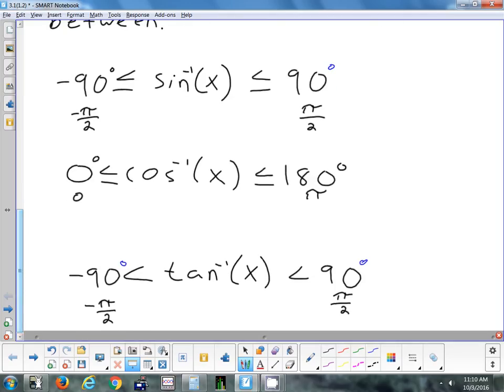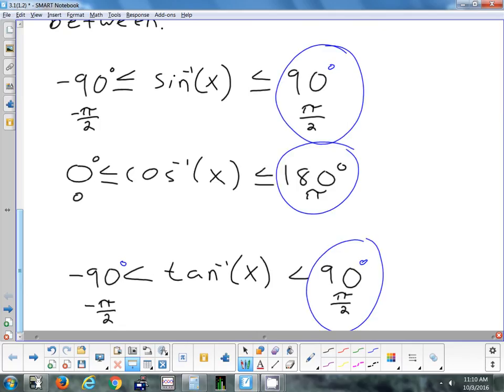So what do you notice about all of these things? All these things I'm circling would represent the size of what? Yeah, those all represent the size of an angle. You don't measure anything else in degrees, at least what we study, except angles.